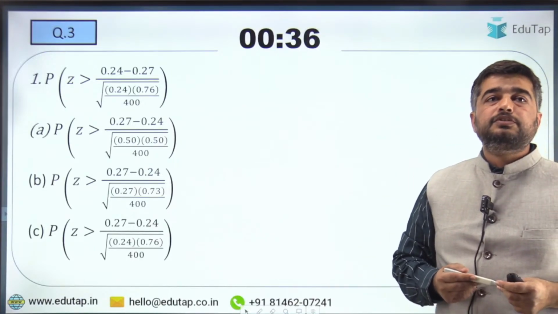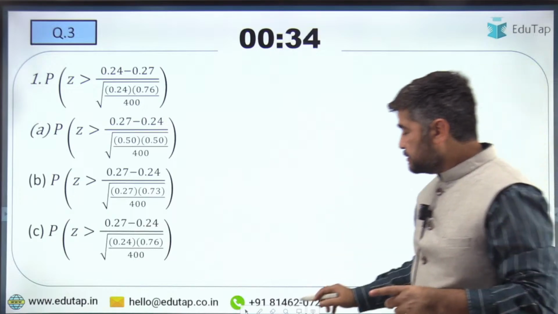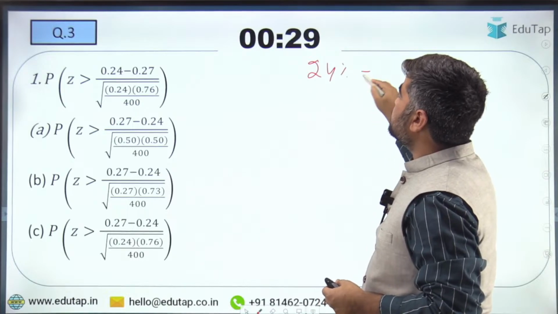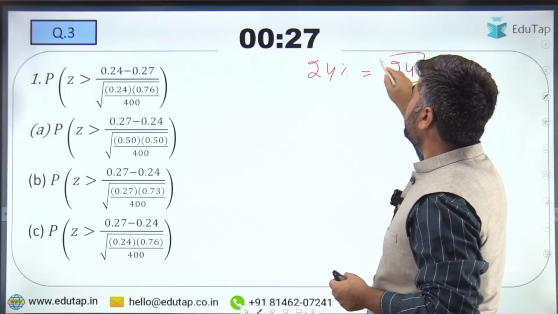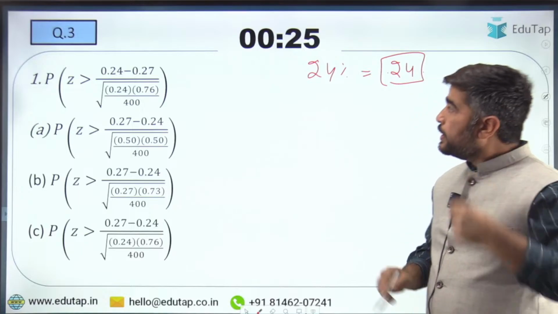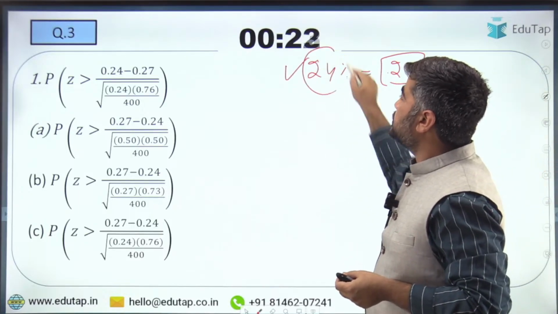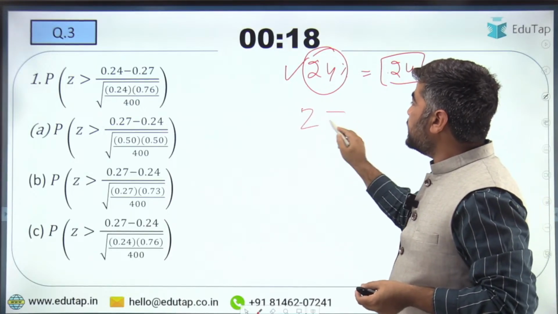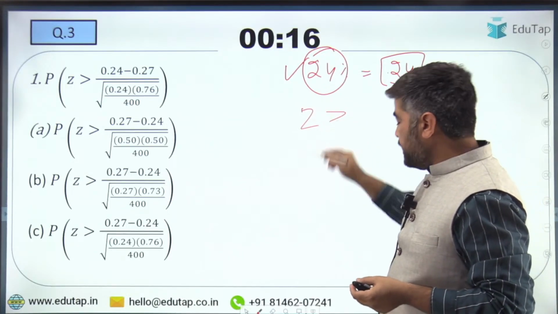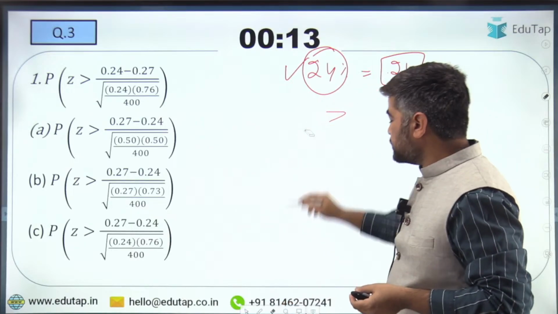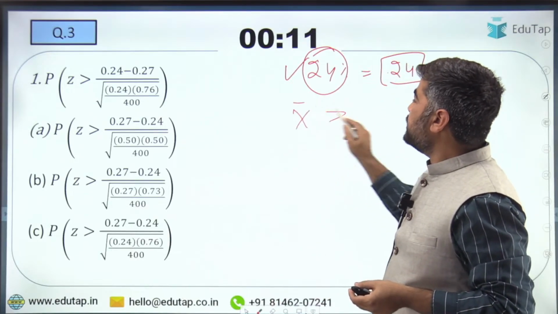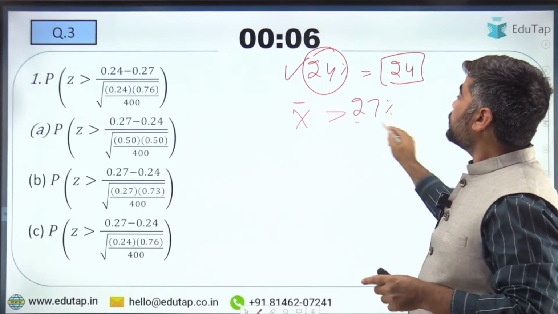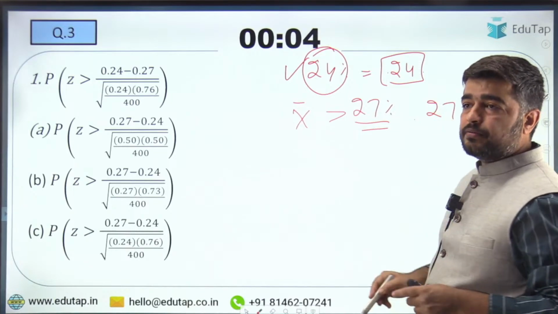And the probability distribution for proportion: you are given 24%, so the population proportion is 0.24. You have to find the probability that the sample proportion is greater than 27%, which is 0.27.